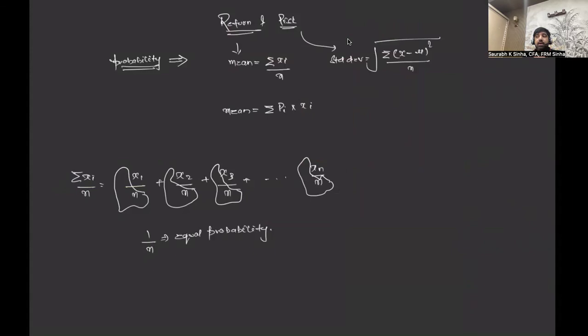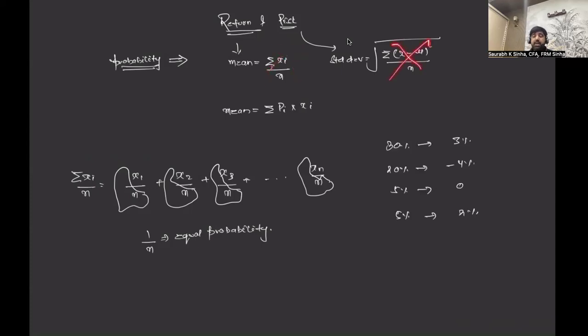But in the real world, when you use subjective returns, there could be a subject matter expert who will say there is a 30% probability that the return would be 3%, a 20% probability that the return would be minus 4%, a 5% probability that the return would be 0, a 5% probability that the return would be 2%, so and so forth. So you cannot apply this formula. This formula would be incorrect.